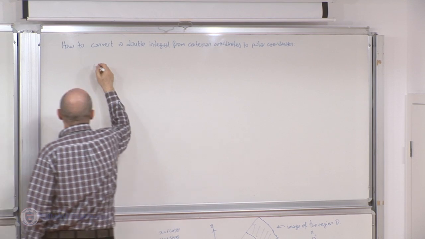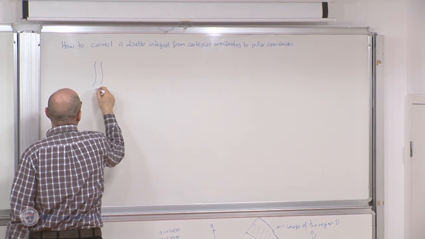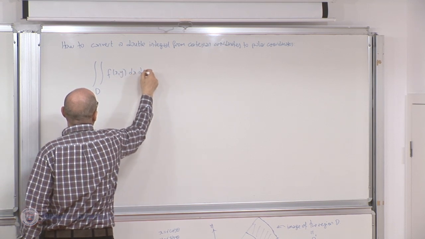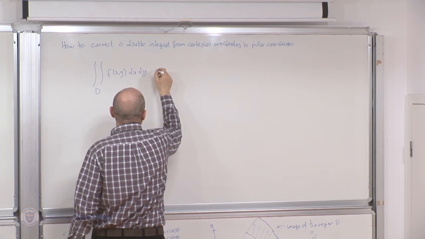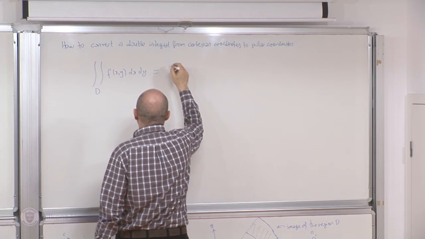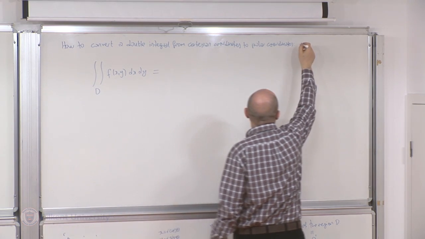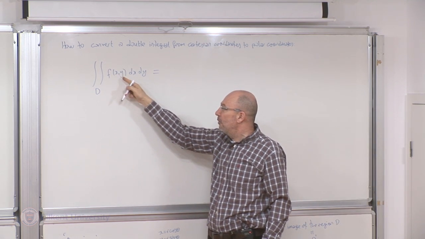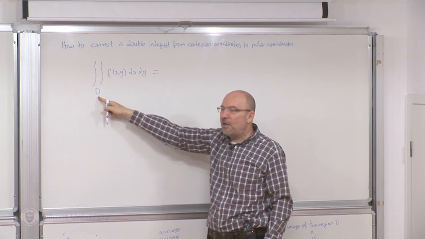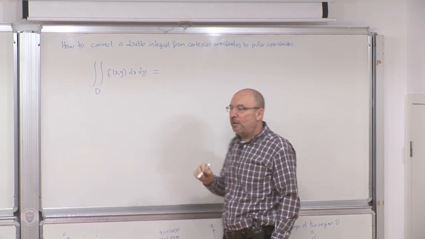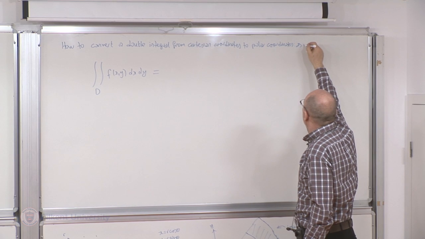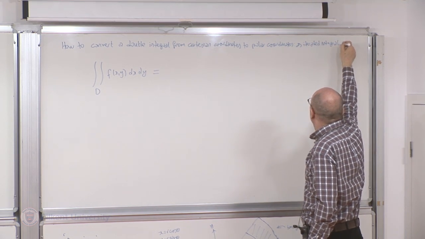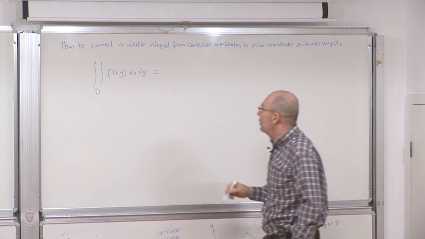We have this double integral over D of f(x, y) dx dy. The first step is easy. Of course we want to calculate this, so it doesn't say just put x, y as r cos theta, etc. here and leave it as a double integral over D. We want to calculate it as iterated integrals, because once we have iterated integrals, then we can calculate these things.